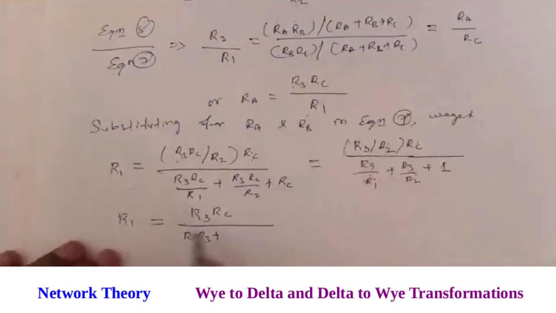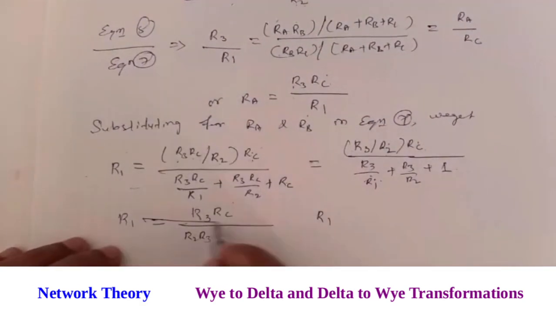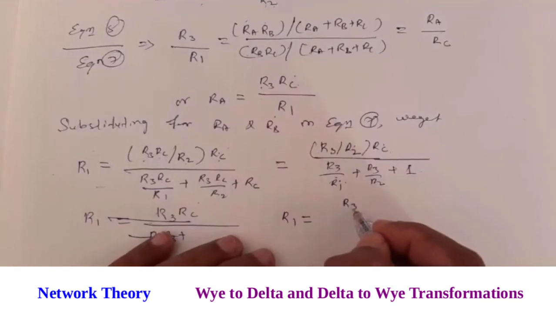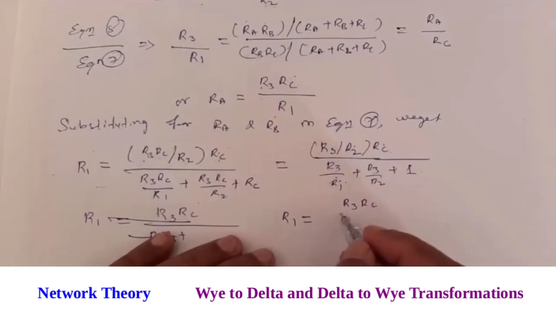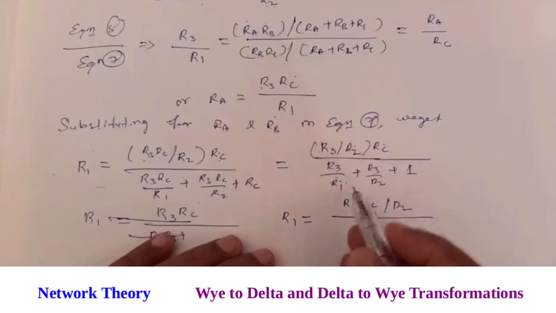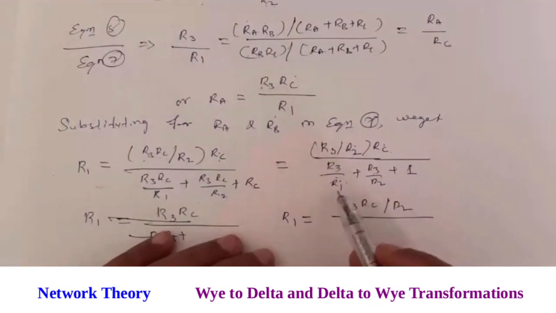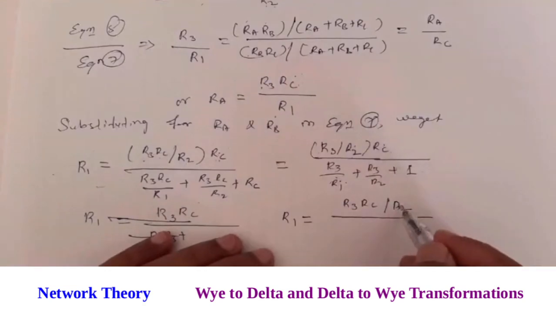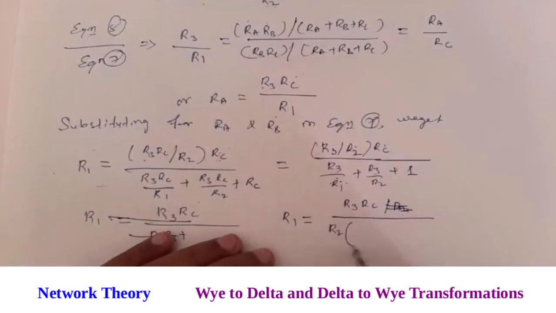Yes, R1 is equal to R3 RC by R2 whole divided by, if I multiply this, whatever R2 is there, I'll take below here and write like this, R3 by R1 plus R3 by R2 plus R1.